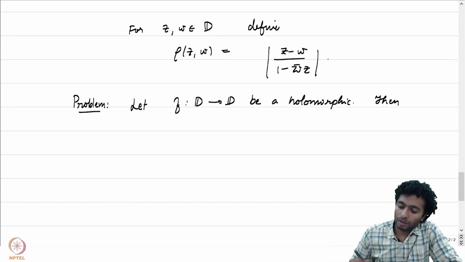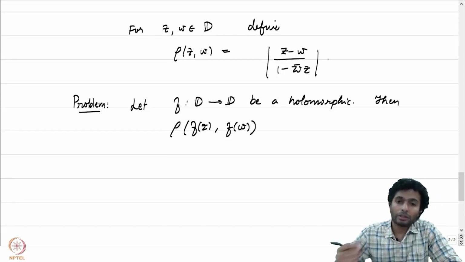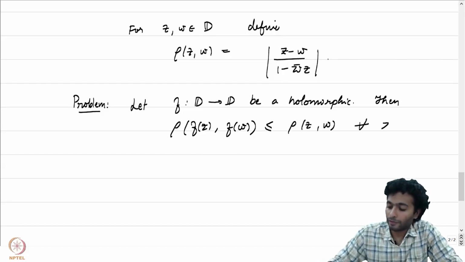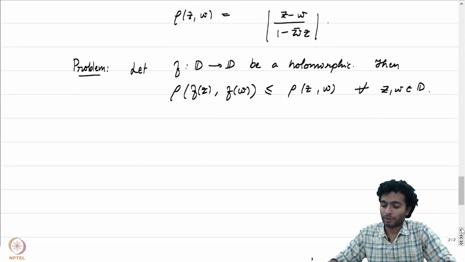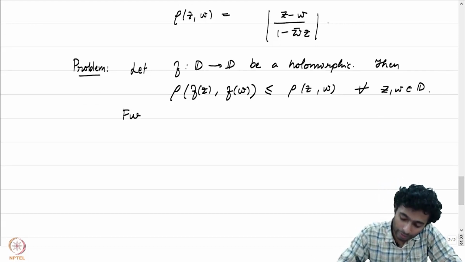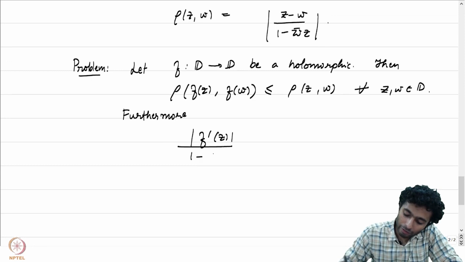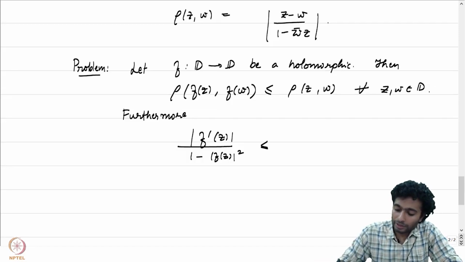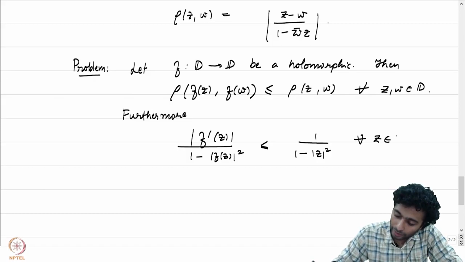Then rho of f of z, f of w is going to be less than or equal to rho of z comma w for all z and w in the unit disk. Furthermore, the absolute value of f prime of z by 1 minus the absolute value of f of z the whole square is less than or equal to 1 by 1 minus mod z square, again for all z in the unit disk.